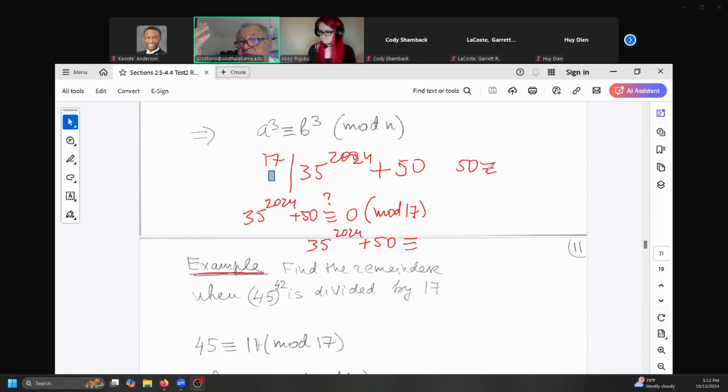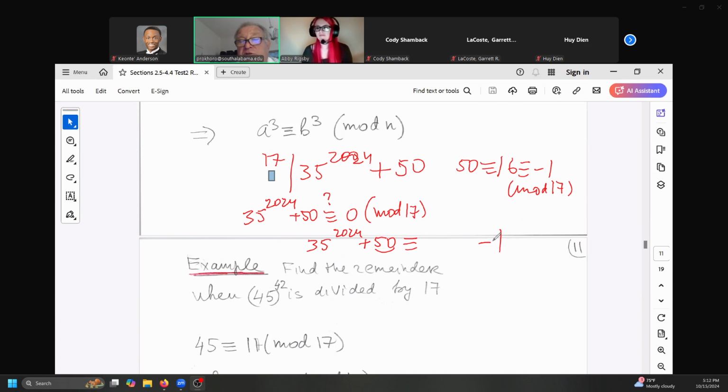If we take 50 and divide by 17, what is the remainder? It will be 16. Or we can write it as negative 1 modulo 17.